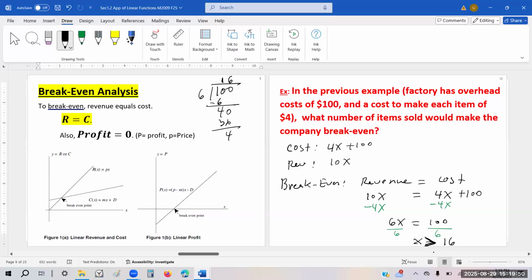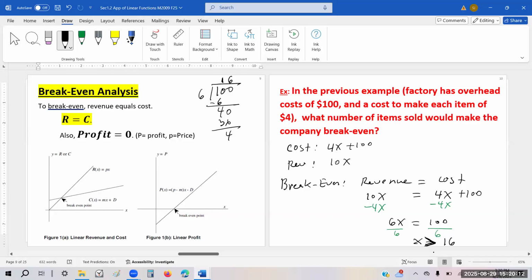Question? Did you guys really understand the scenarios, all the scenarios? Right, 17 will give you profit. So you have to be between 16 and 17.